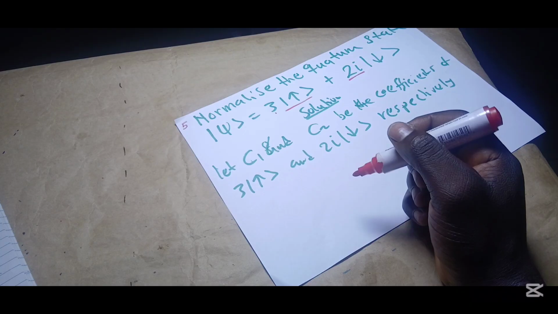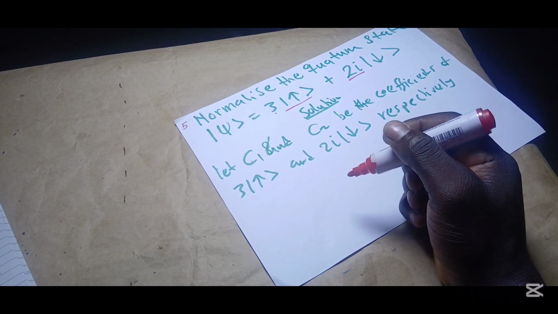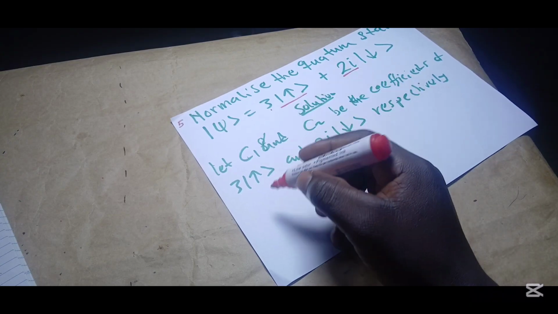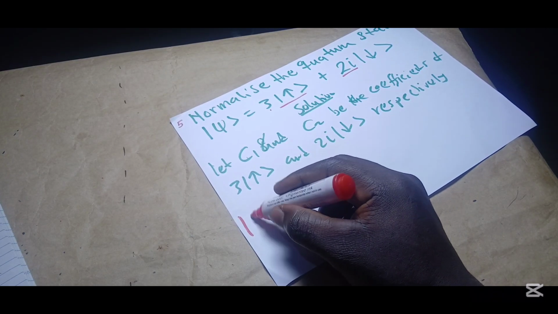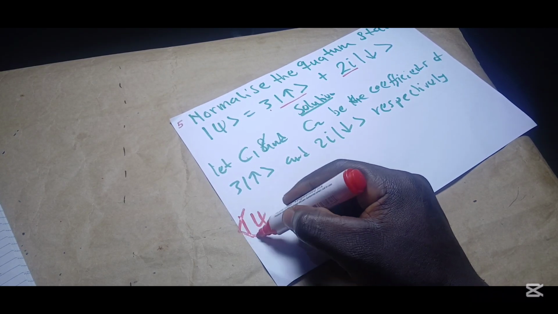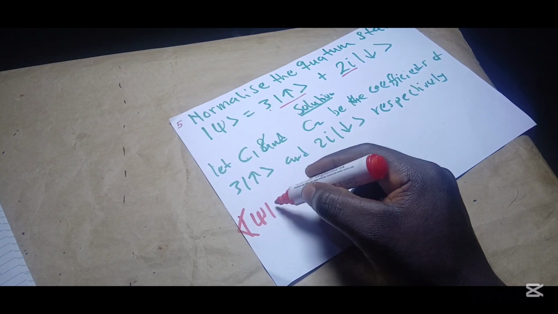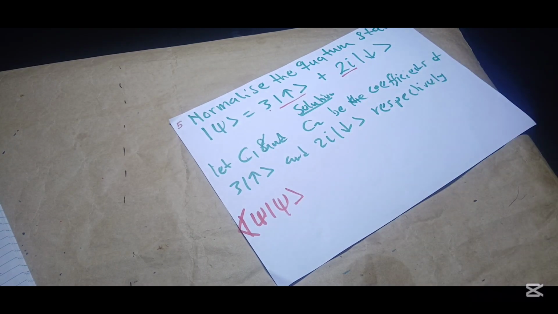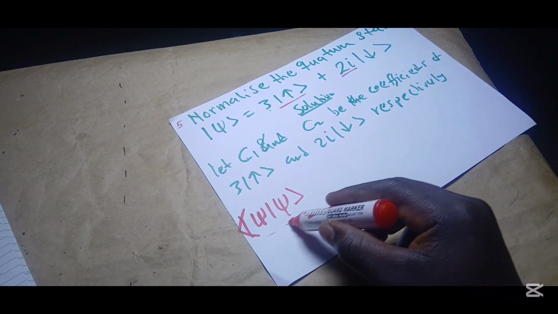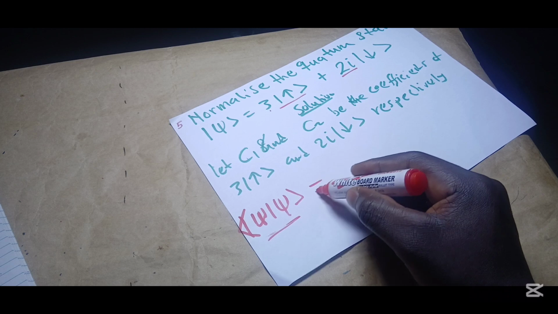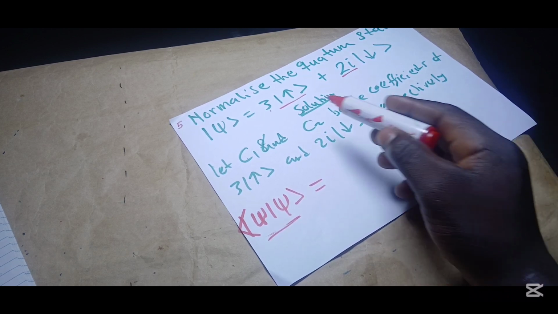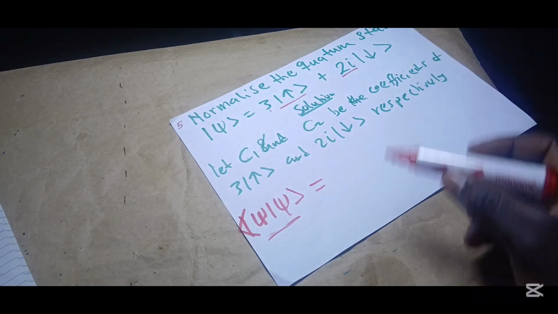We are going to calculate the norm square, and the norm is simply looking for the bra term of the ket term. So we are going to solve for this, and this is equal to the sum of the absolute square of the coefficient of each state given.